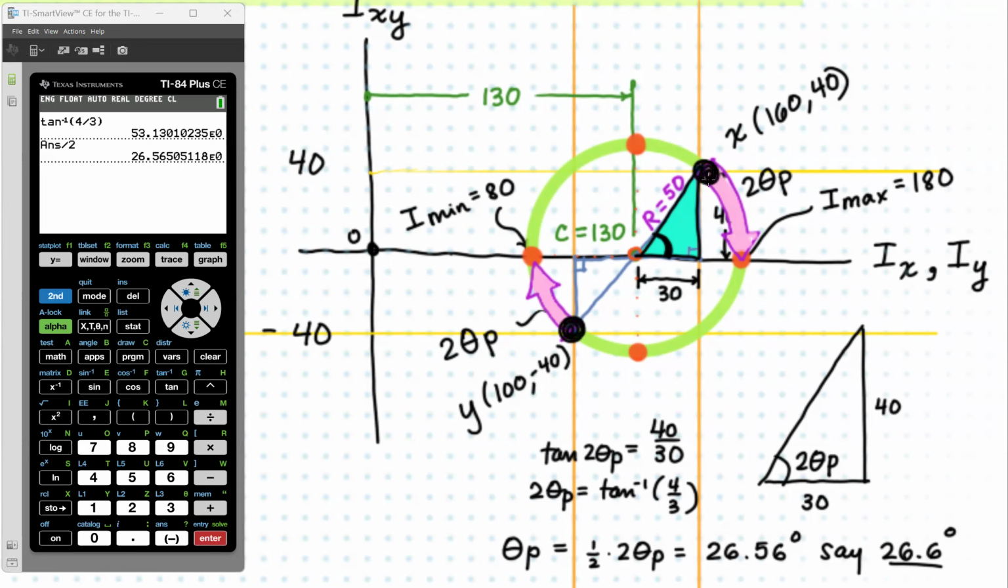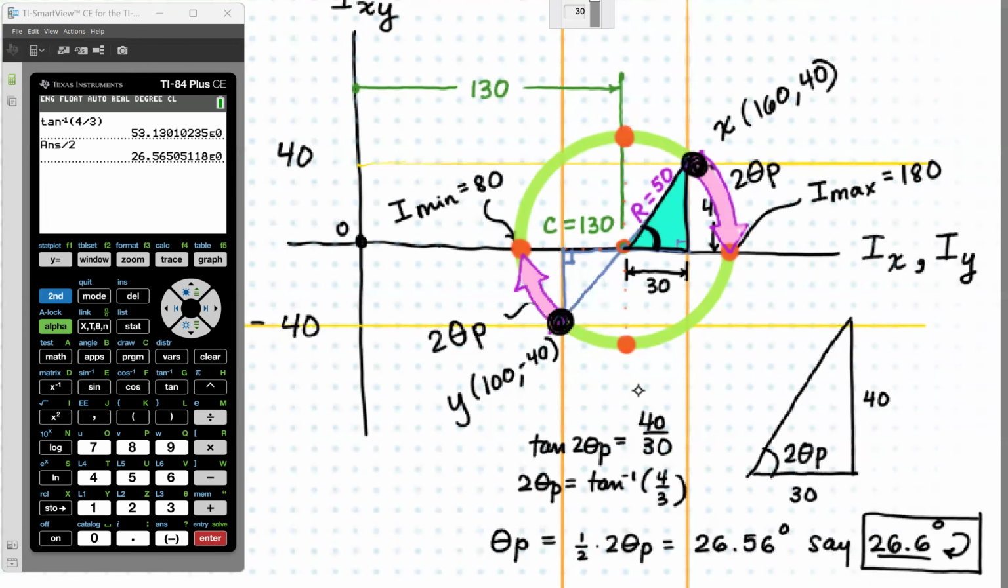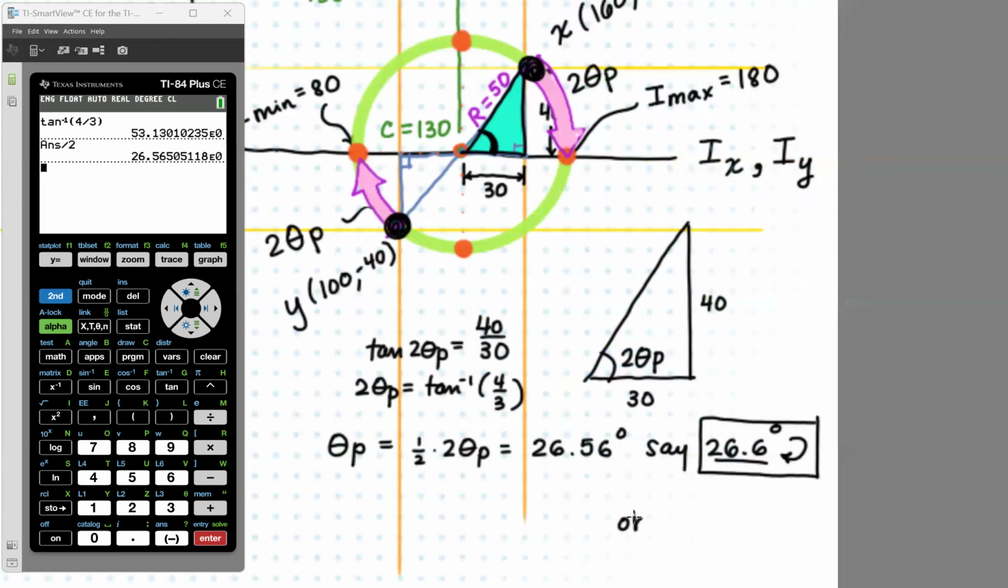I turned the steering wheel clockwise. And so you're going to report this answer either with a little curly arrow like this, which is the way I'd rather see it, or you could say negative 26.6 degrees. That would be okay as well. But you do the sign by inspection.